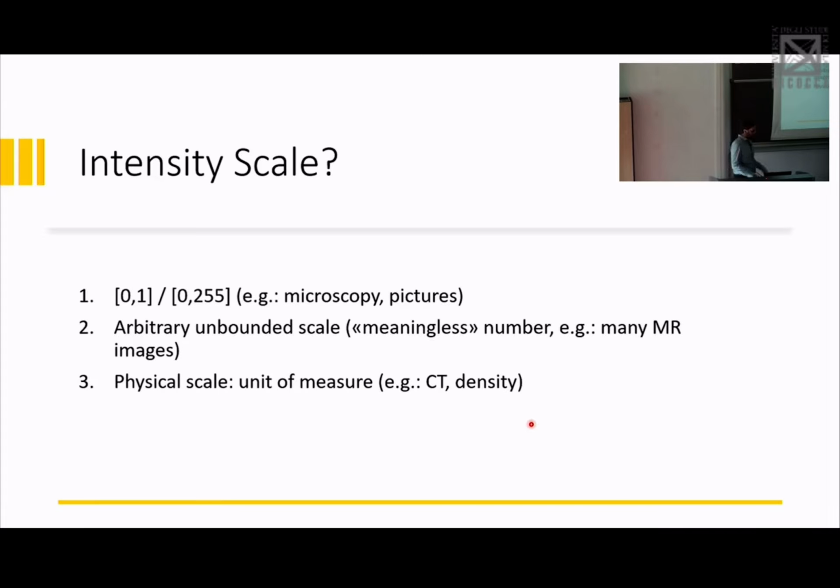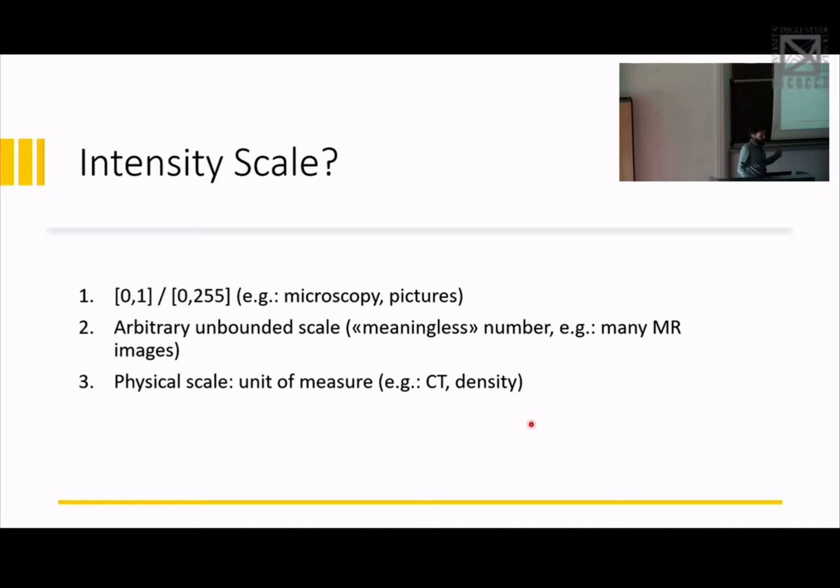It's its own special unit, but you can think of it as density, like grams per cubic centimeter. So if you get the number 0 in CT, as opposed to 1, this means the density of water. If you get 100, it means the density of muscle. If you get -10, it means the density of fat. If you get 1,000, it means the density of bones. So these are numbers that have an intrinsic meaning.